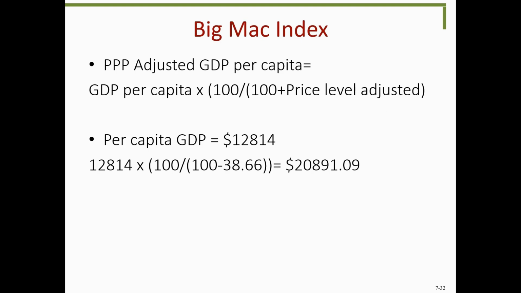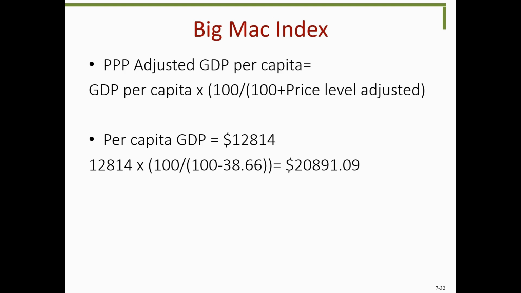For this example, we'll be calculating the purchasing power parity adjusted GDP per capita. The formula at the very top is GDP per capita times 100, divided by 100 plus the price level adjustment, and that price level adjustment is what we just found in the previous slide, negative 38.66%. We are given that the current per capita GDP of China is $12,814.